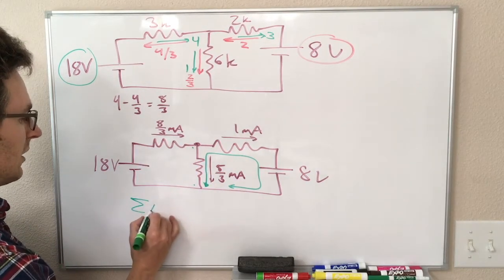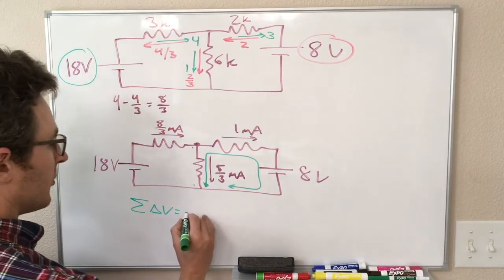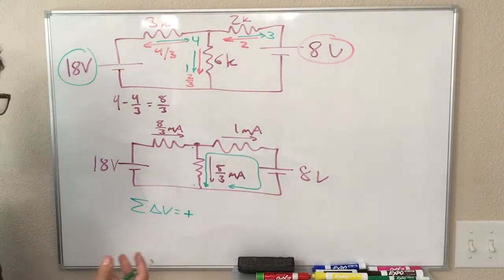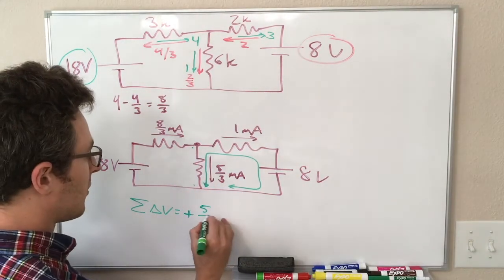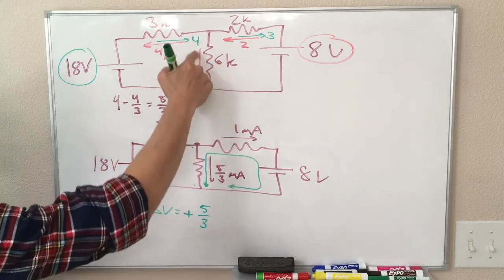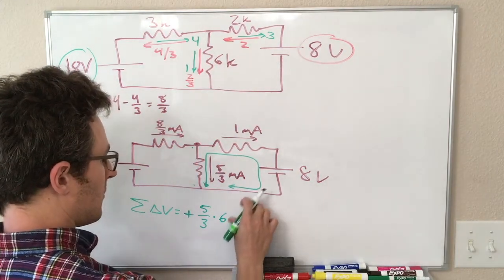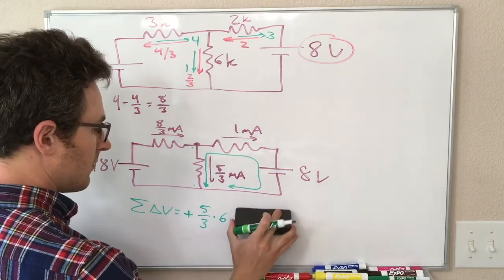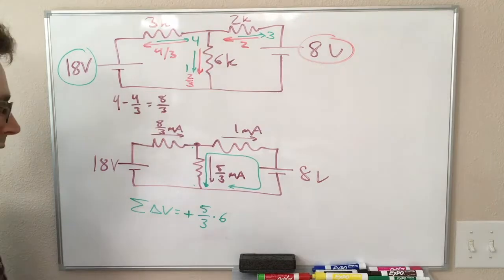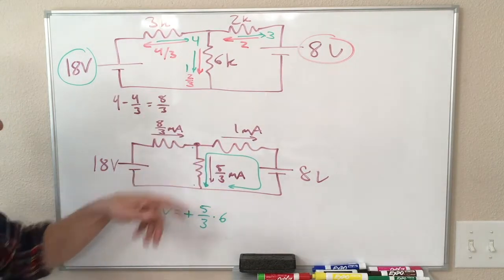So we must be increasing our voltage. So we are increasing our voltage by delta V equals I times R. So that's 5/3 of a milliamp times 6 kiloohms. Sorry, I'm not going to write equals yet. We'll do the actual math later. So that's I times R for this component.